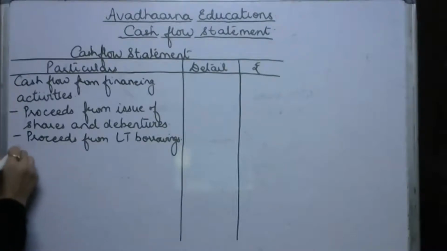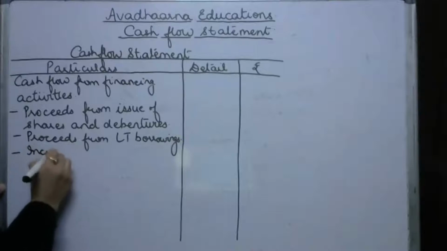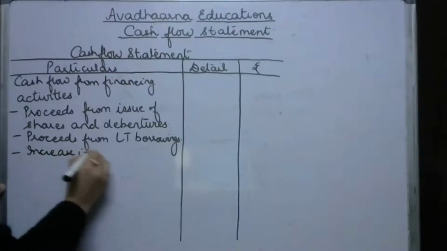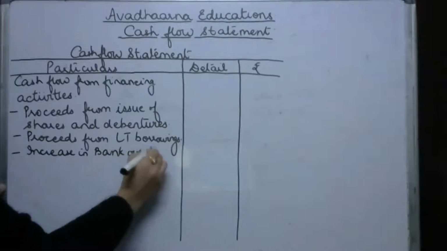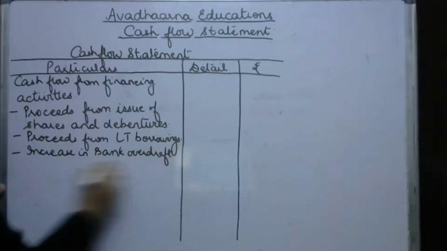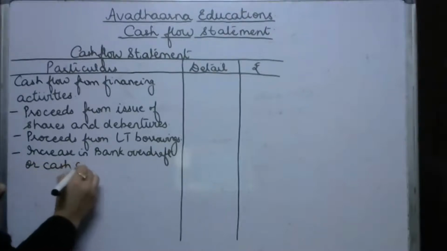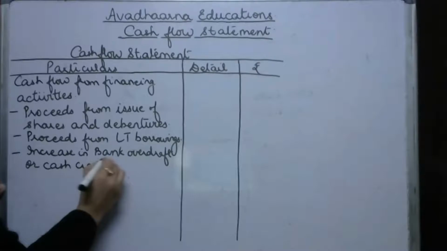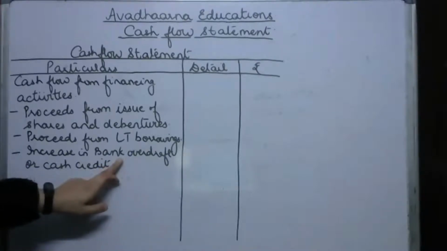Then increase in bank overdraft, or your cash credit. See, when the bank overdraft is increased, that means bank has financed our business operation.